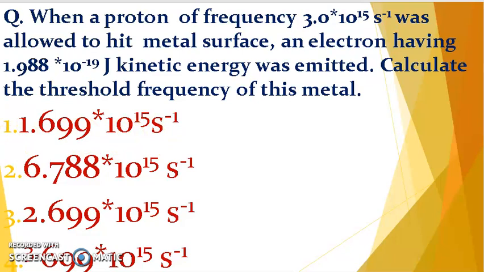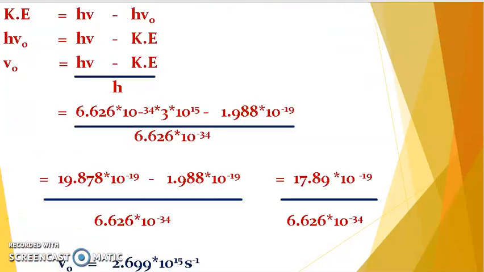So what is the equation we have to use here? The kinetic energy equation. You know it: kinetic energy is equal to h nu minus h nu naught. What is the h nu here?